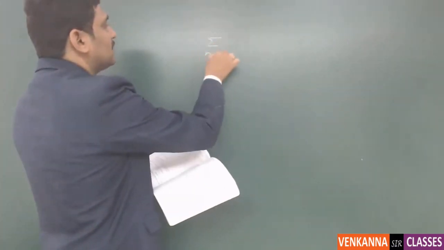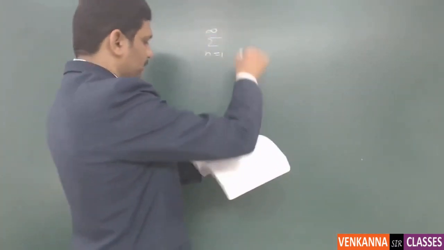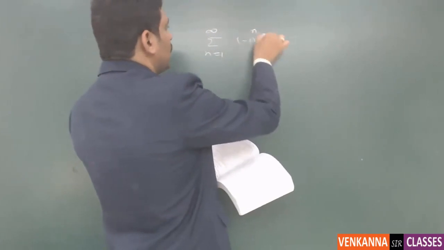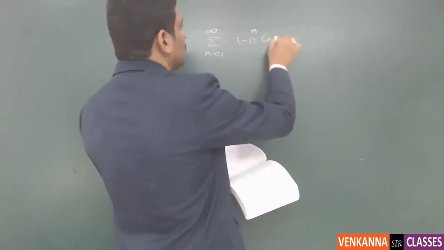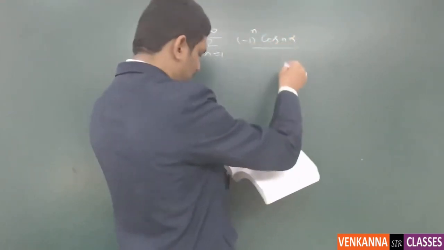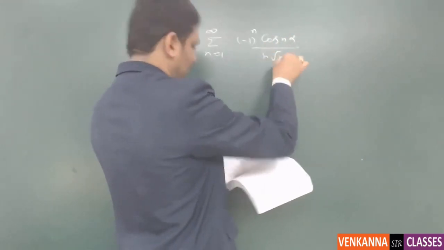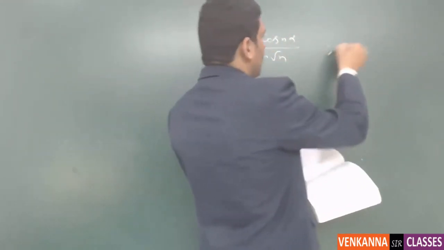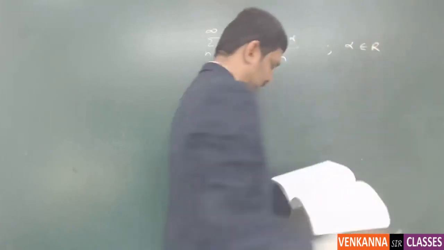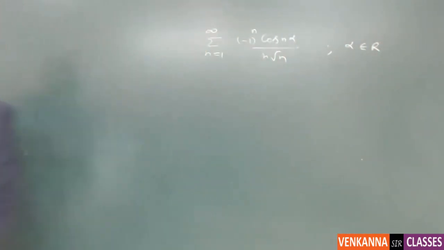You take the series summation n is equal to 1 to infinity minus 1 whole power n into cos n alpha by n root n, where alpha is a real number. This is the problem.